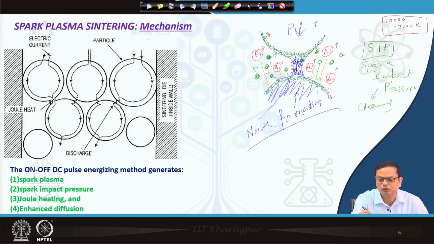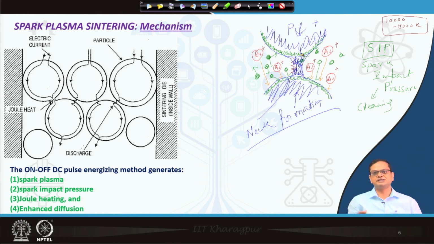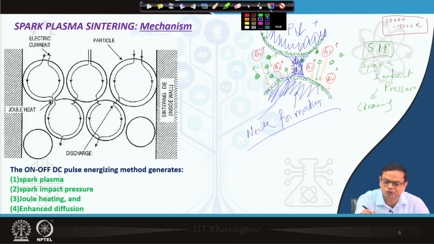So, in this process all the powder particles now get sintered together in very less time. And whatever is happening, this is also very interesting, this is the most important thing I would say, is that whatever is happening is in this layer.